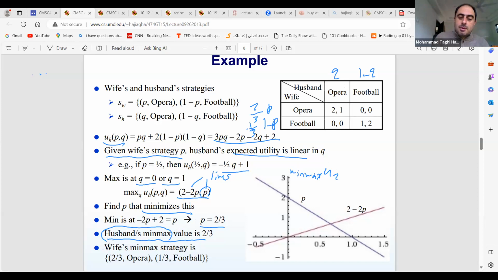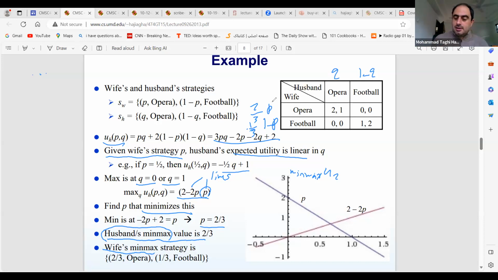But here we talk about the wife's min-max strategy, and why? Because we were talking about P. And here we are talking about the wife's min-max strategies, and it is 2/3 opera, 1/3 football. So that actually is the same as we had for Nash.